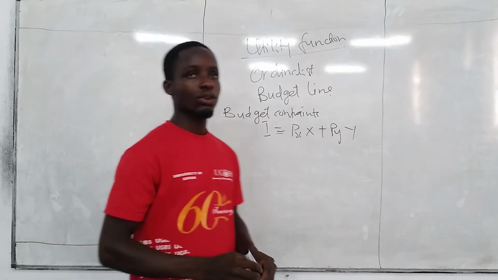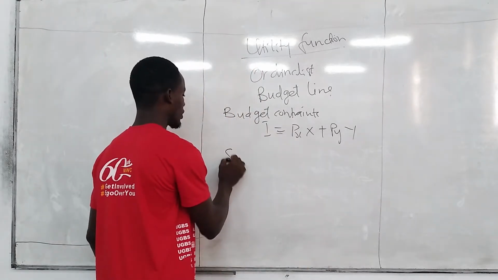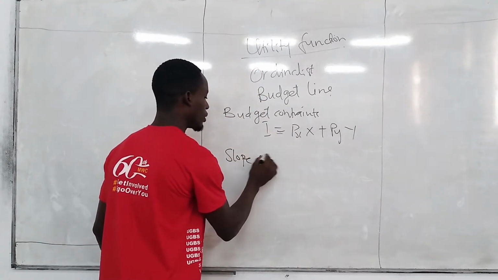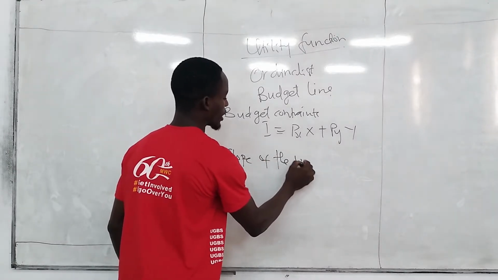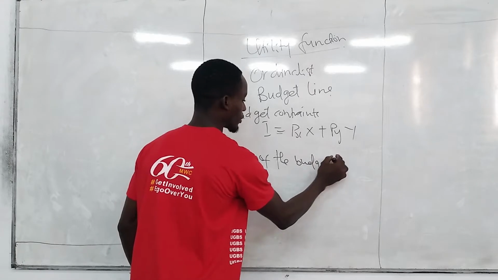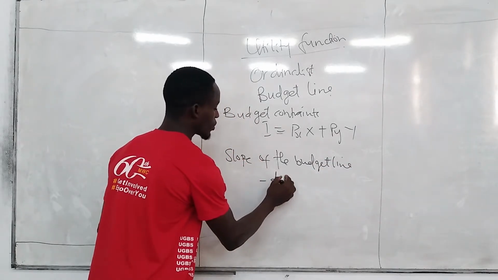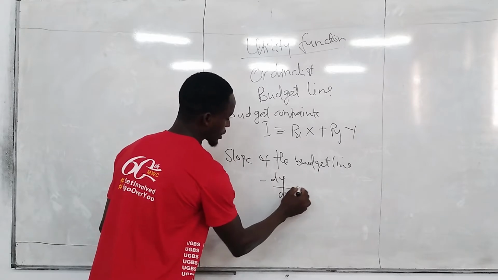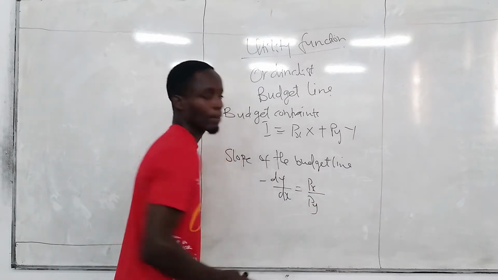Then the next thing you must also know is the slope of the budget line, and that is negative dy over dx equals price of X over price of Y.